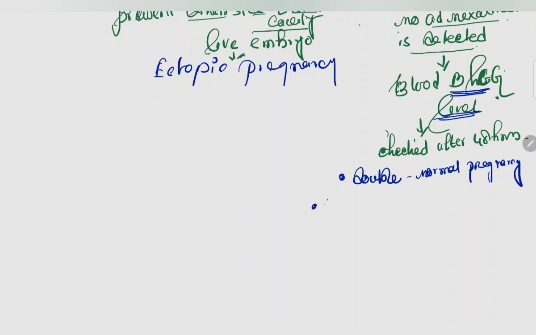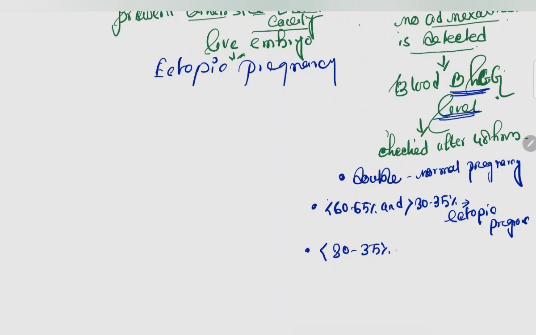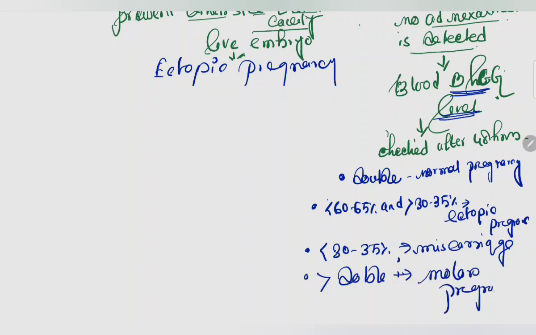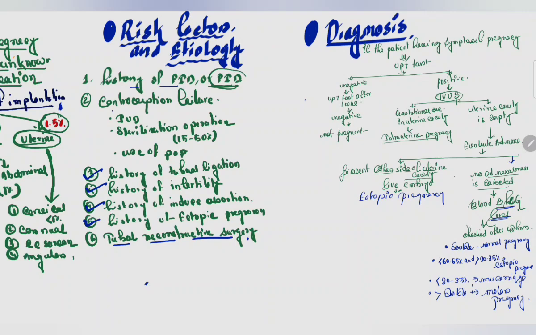If the beta HCG level increases less than 60 to 65% and greater than 30 to 35% in 48 hours, it indicates ectopic pregnancy. And if the beta HCG level increases less than 30 to 35% in 48 hours, it indicates miscarriage. But if the beta HCG level increases more than double in 48 hours, it indicates molar pregnancy. So I think you all have understood how to detect ectopic pregnancy.